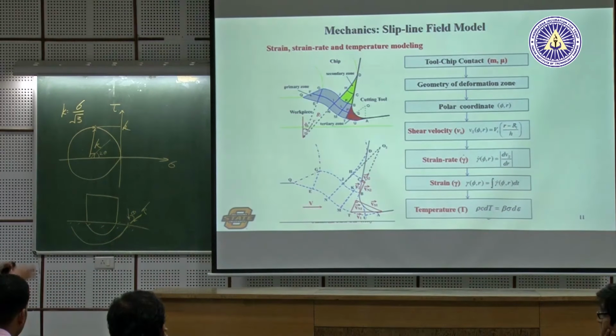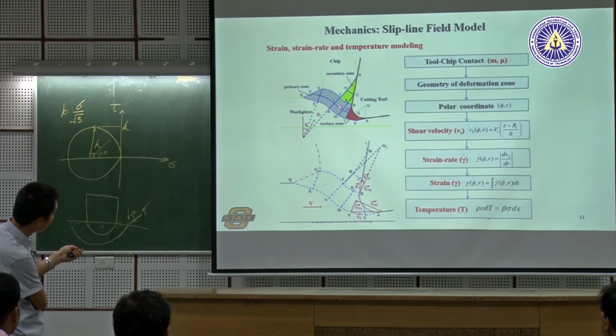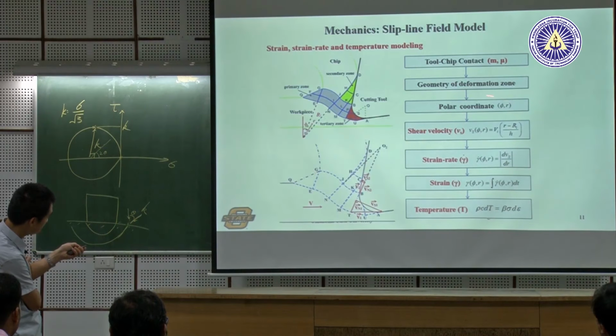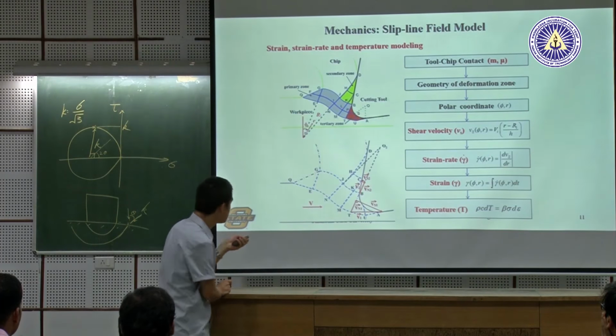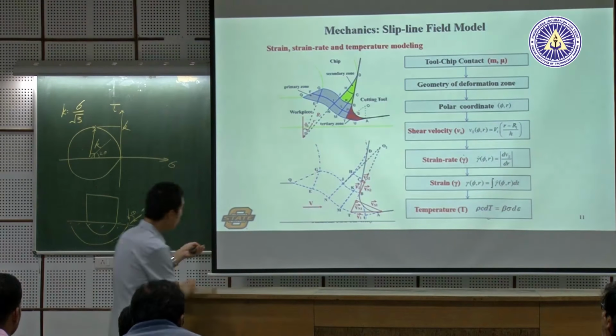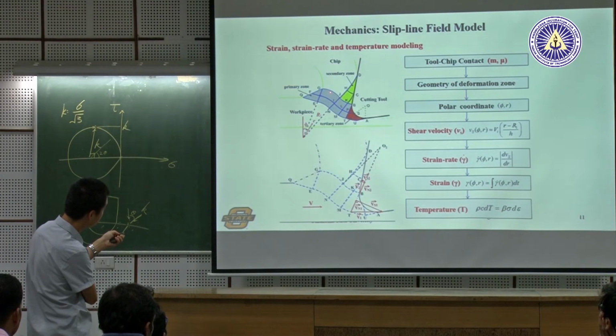Basically, because of the curvature, we model this region using polar coordinates. Then how do we define the strain rate? The strain rate is related to the velocity, and we think the strain gradually increases from the beginning to the end here.